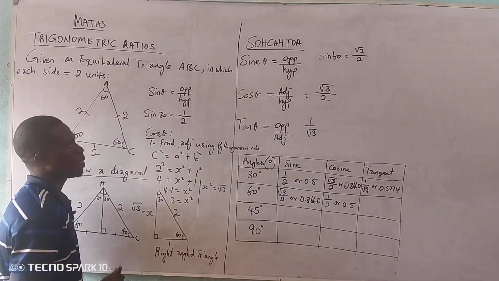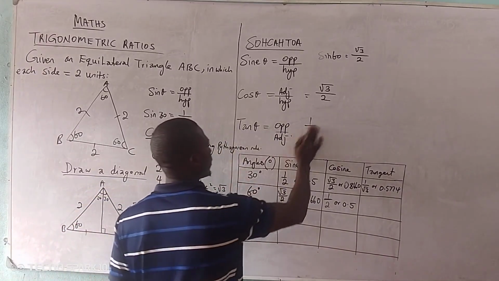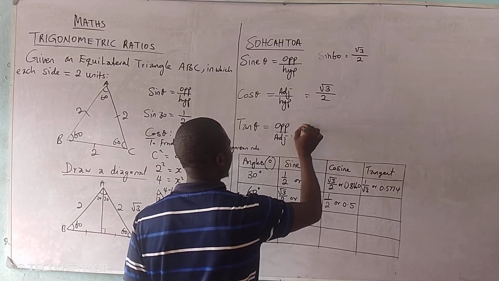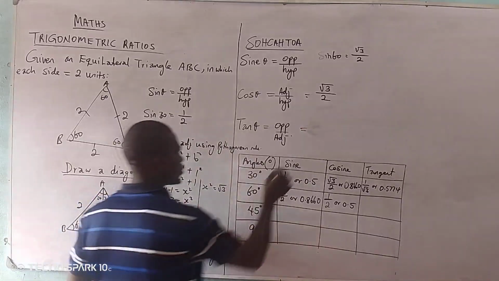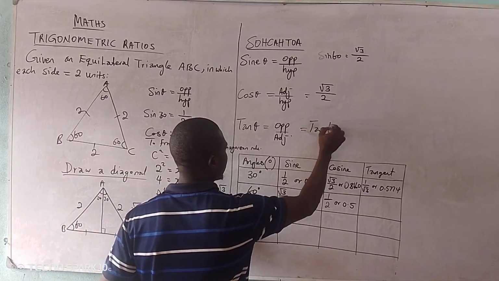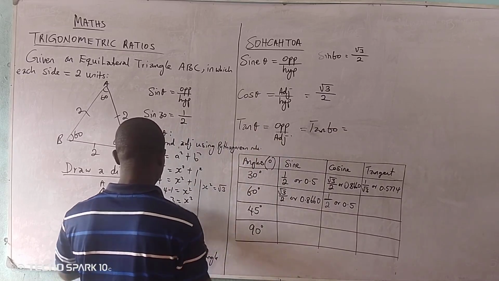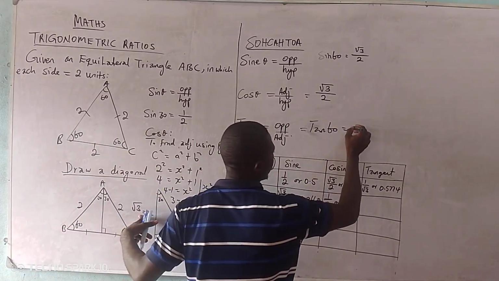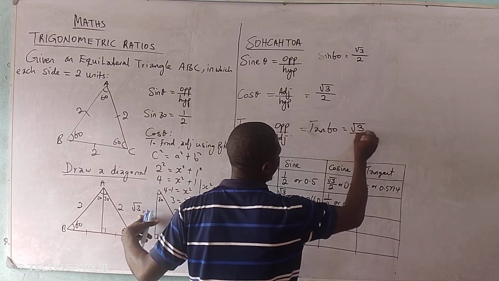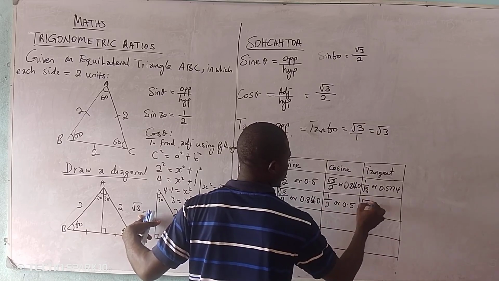Then we go to tangent 60. Tan 60 is equal to opposite over adjacent. This is the opposite of 60, so root 3 over 1, which is equal to root 3.